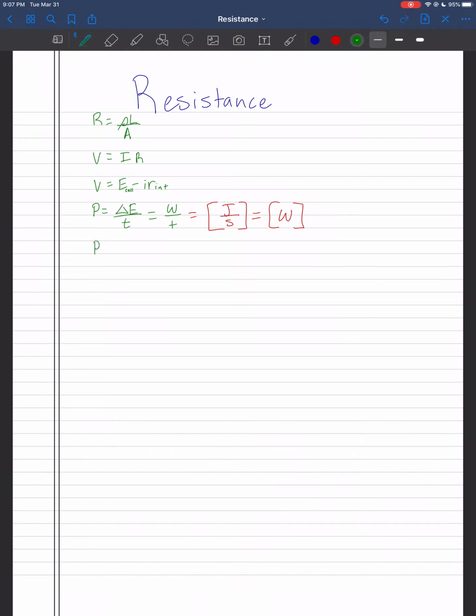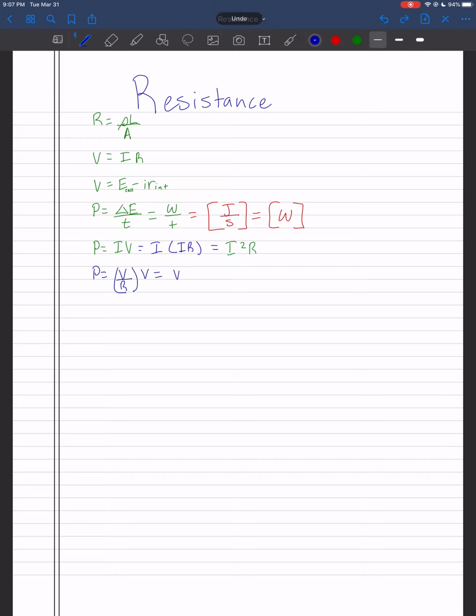Another formula for power we're going to see is I times V. But we also know that V is equal to I times R, right? So a formula for power can also be I squared R, okay? But we also know, bear with me, that P is equal to I times V, and I is equal to V over R. That's the same formula, right?